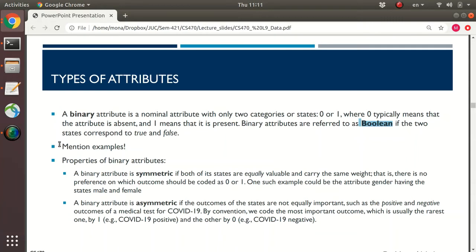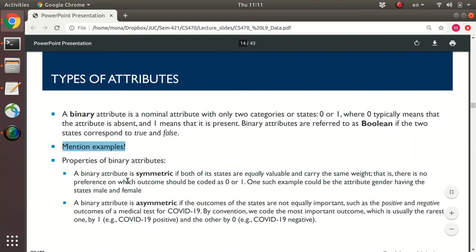You can think about some examples of these. Properties of binary attributes: a binary attribute is symmetric if both of its states are equally valuable and carry the same weight.